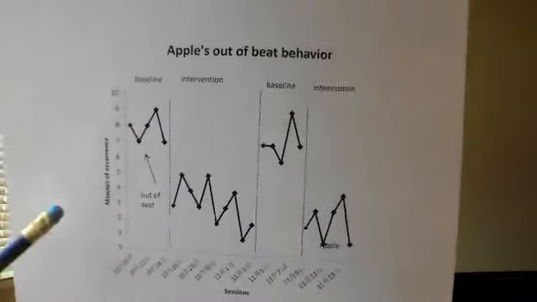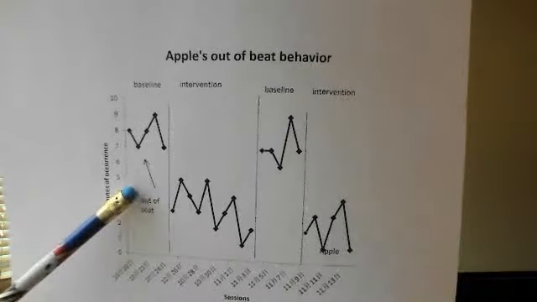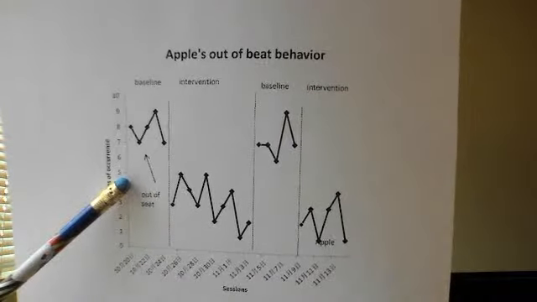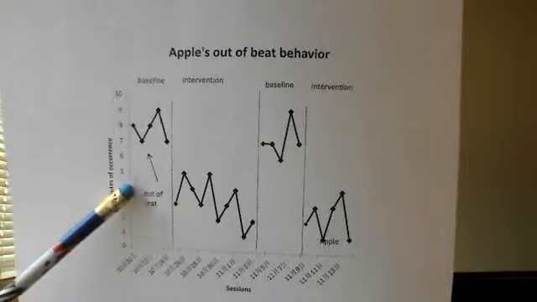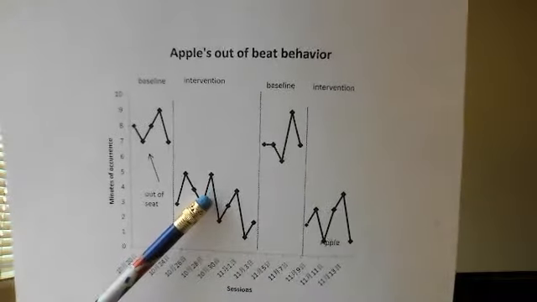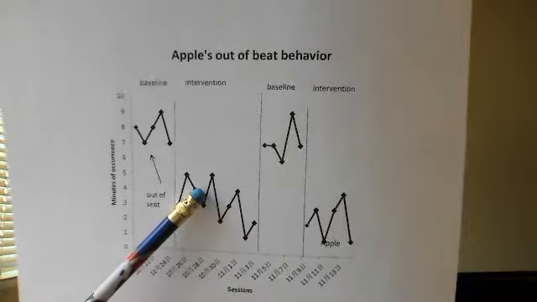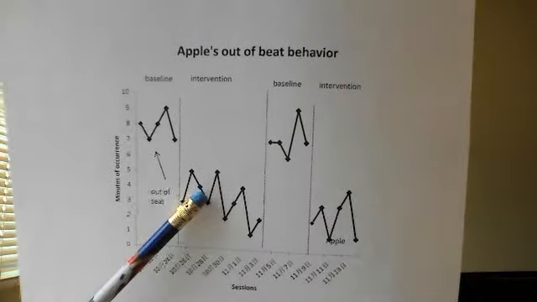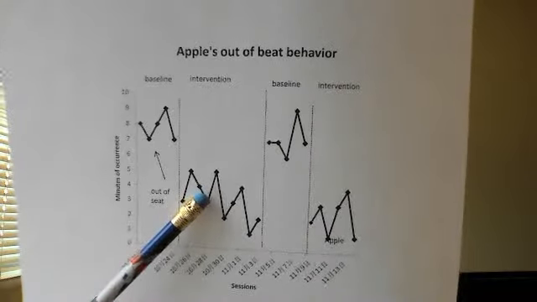During the initial baseline phase, the average duration of target behavior was 7.8 minutes, ranging from 7 to 9 minutes. In the treatment phase, the average duration of target behavior was 3.2 minutes, ranging from 1 to 5 minutes.